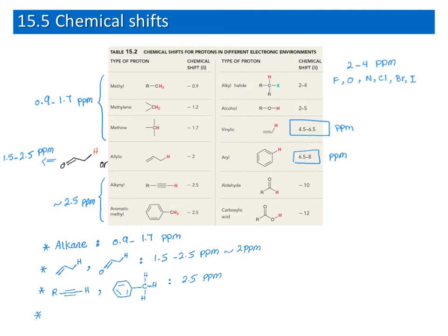Then we have hydrogens connected to the carbon, which is connected to the electronegative atom, and those electronegative atoms can be fluorine, chlorine, oxygen, nitrogen, bromine, and iodine.